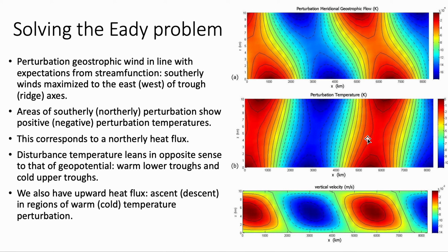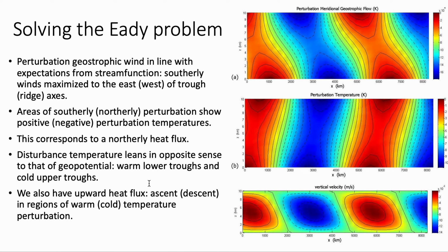Okay, so this picture over here, you can show that it corresponds to a northerly heat flux, which is also great news, because these perturbations arise as a way to transport heat from the tropics to the poles. And so it's great that this is exactly doing what we'd expect it to do.